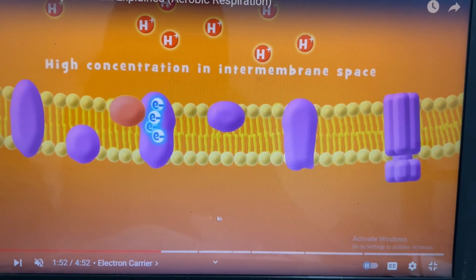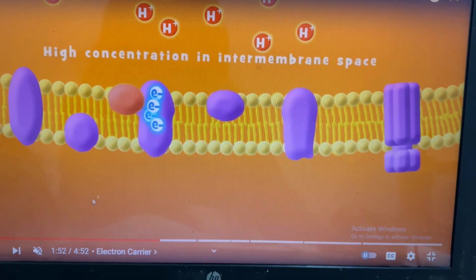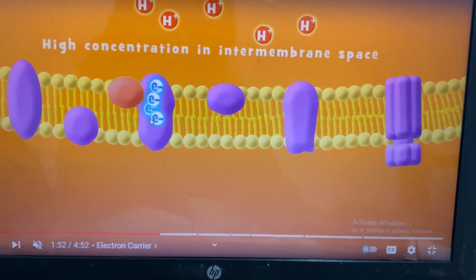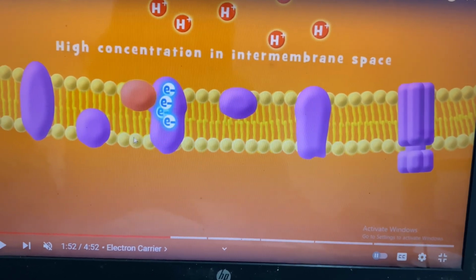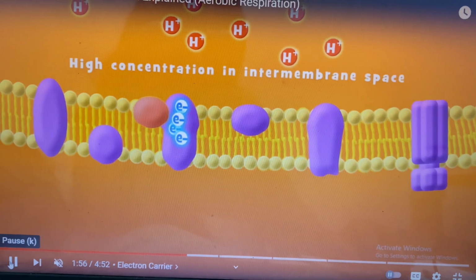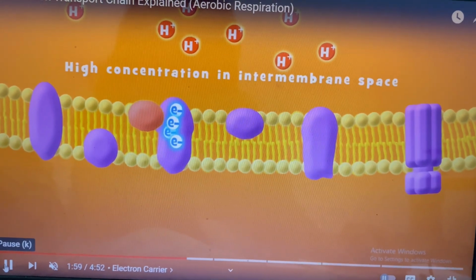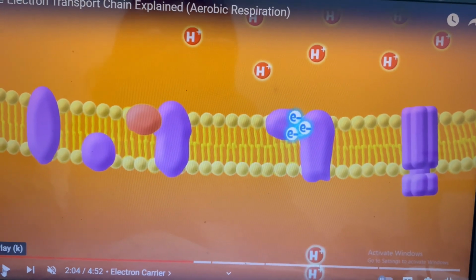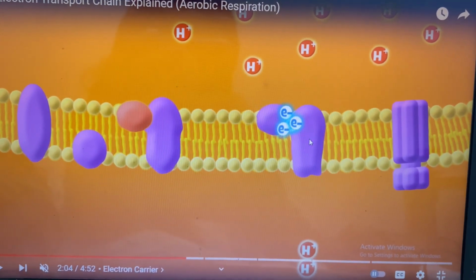And here the protons are decreasing. After complex 3 gets its job done, electrons are taken by ubiquinone and then transferred to complex 4.